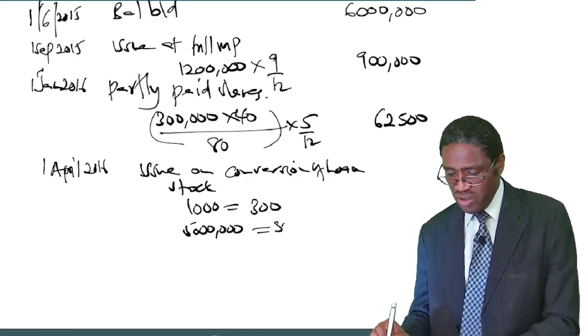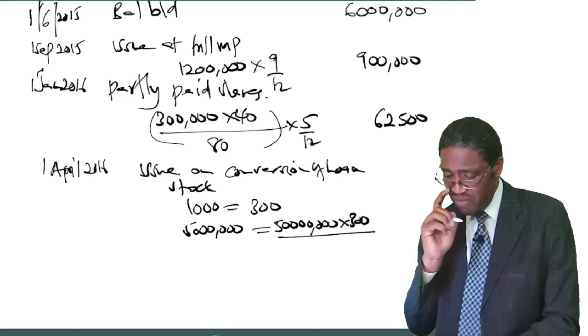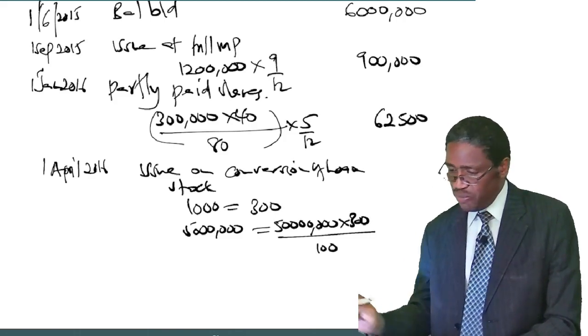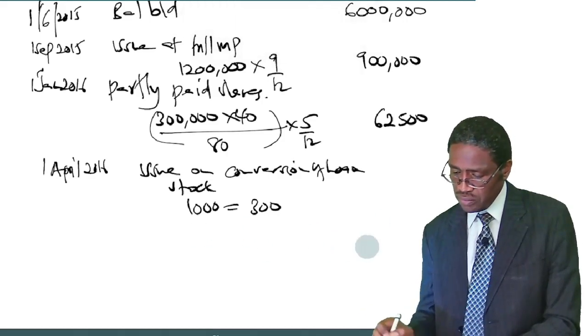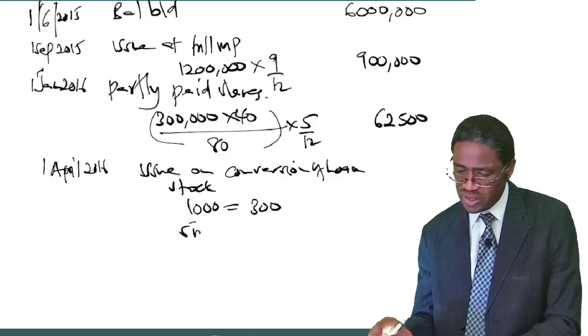This will be 5 million, multiply that by 300, divide that by 1,000. Let me put it this way so that I have enough space.